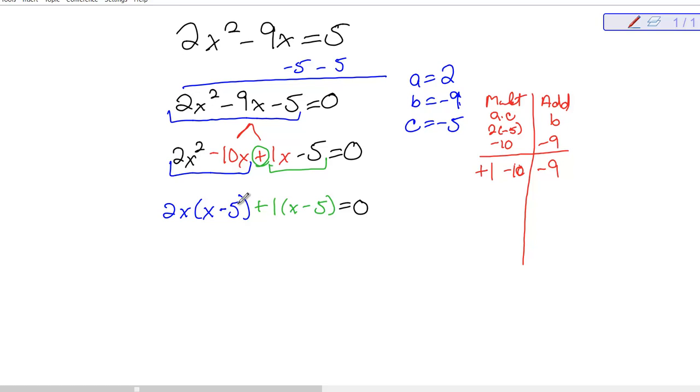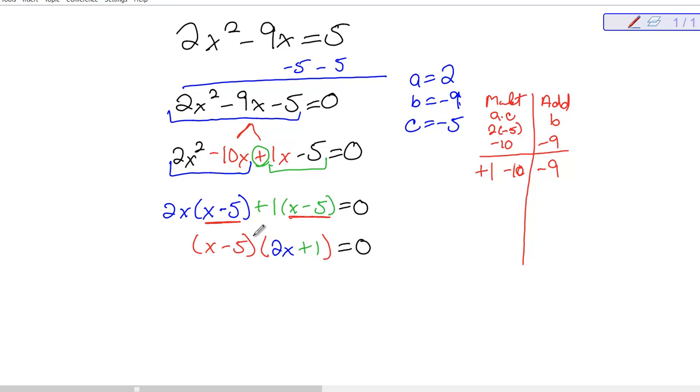Are my parentheses the same? X minus 5, x minus 5. So yes, x minus 5, and then I'm going to put my leftovers, 2x plus 1, in the other set of parentheses. And I still have it equal to 0. Notice I still have this equals all the way down.